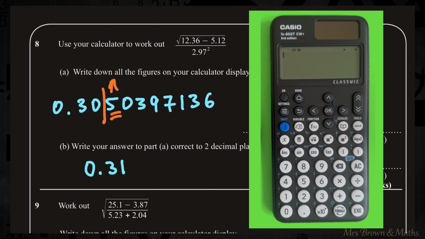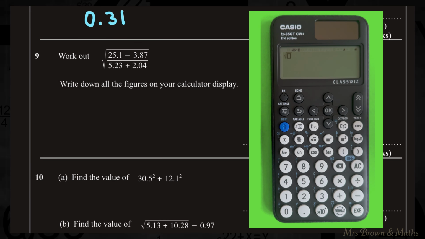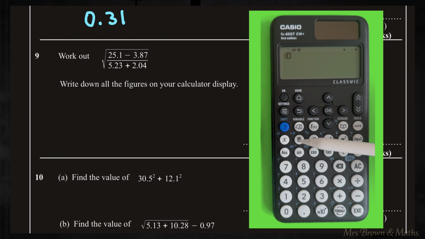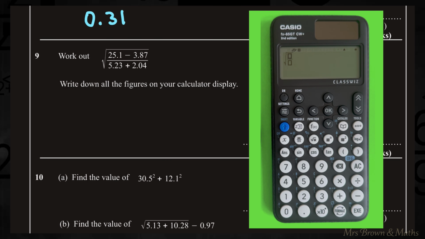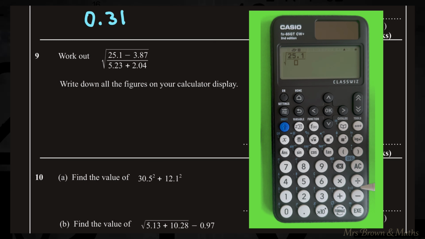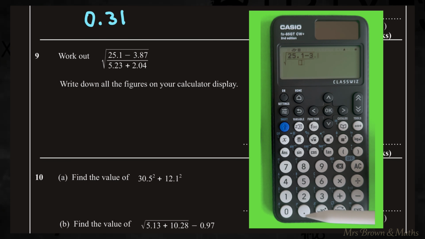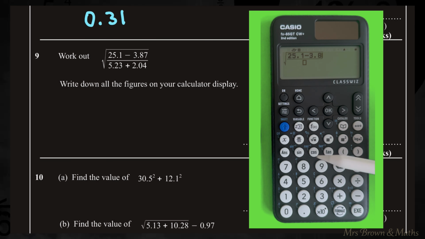Question 9. Square root. Then it is a fraction. On the top, 25.1 take away 3.87.